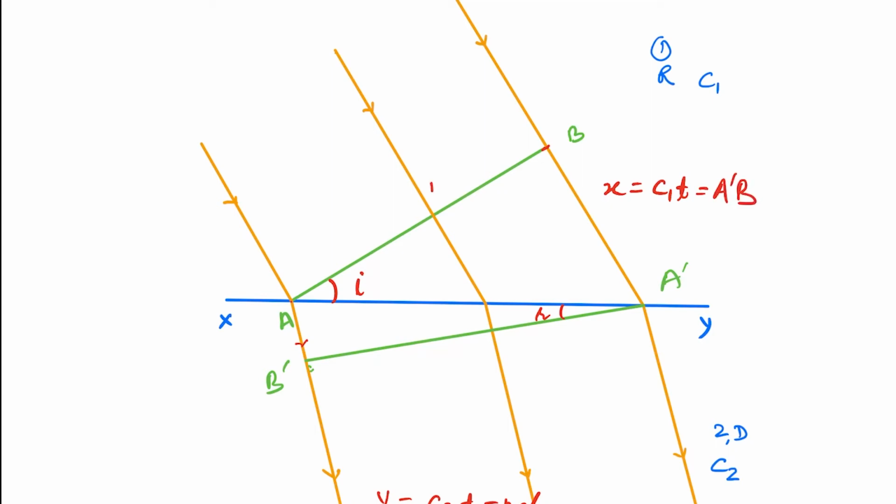Now let this point be D and this central point be P. This is D dash.